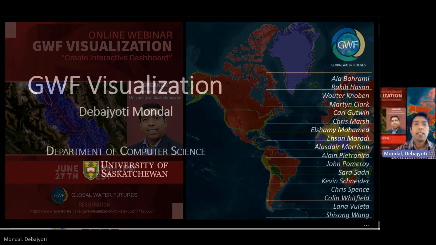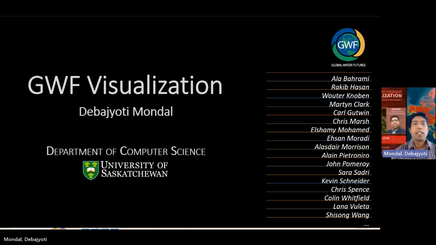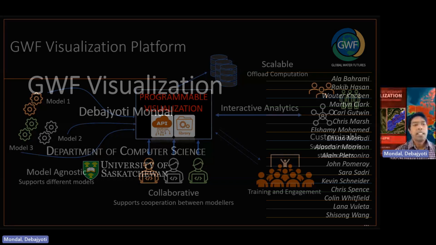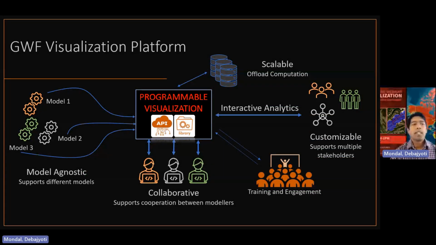Let me first start by telling you that this is a platform built out of the collaboration of many people. Shisha Mong here is one of the main developers working on this system. Now, the idea of the system is you have lots of models. It could be hydrological models, and they are producing geospatial data sets.